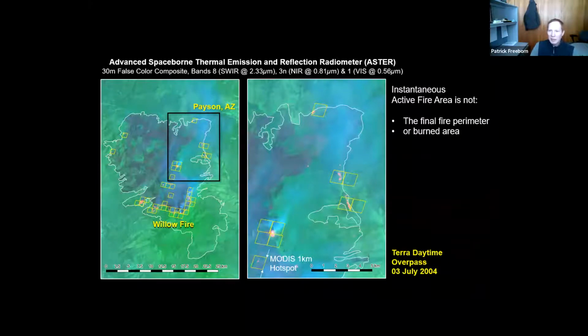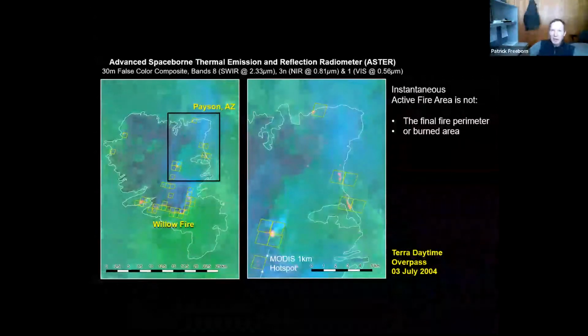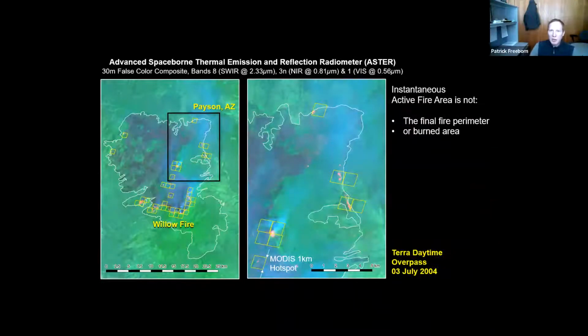The black is the recently burned area. The red indicates areas of active flaming, smoldering, and glowing combustion. And then on top of that ASTER image, we have the MODIS 1 kilometer active fire pixels. Those are the yellow squares. And then the white outline is the final fire perimeter for the Willow Fire.